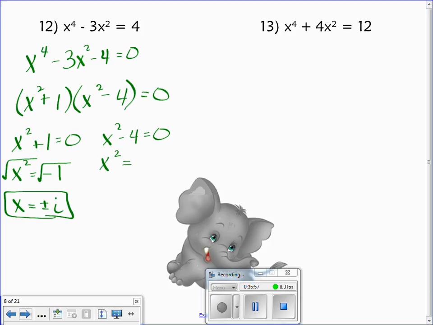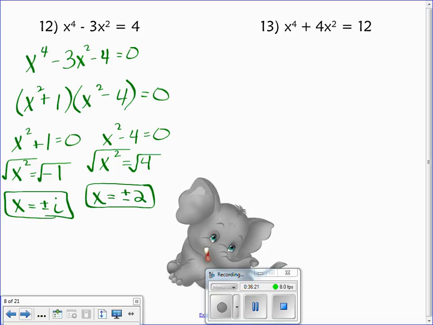And then x squared equals 4. Square root, plus or minus 2. Again, if you get in that habit of doing that mental check of how many answers am I supposed to have, hopefully that reminds you that you're probably missing a plus minus if you don't have all your answers. Okay, so we should have 4.